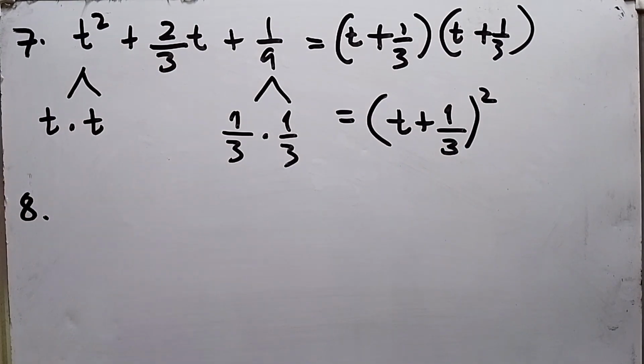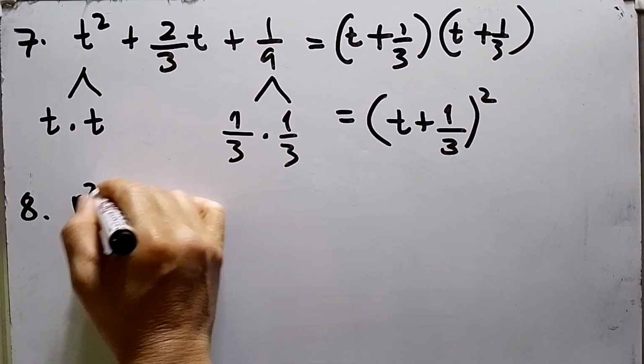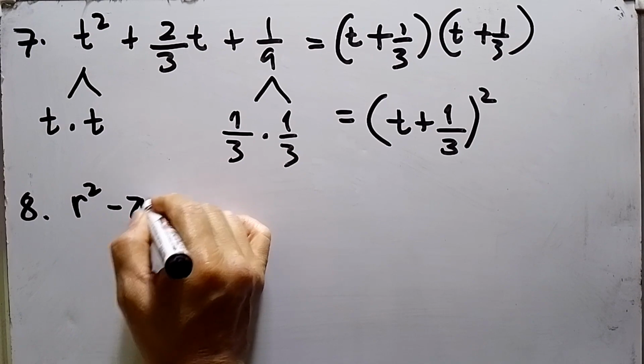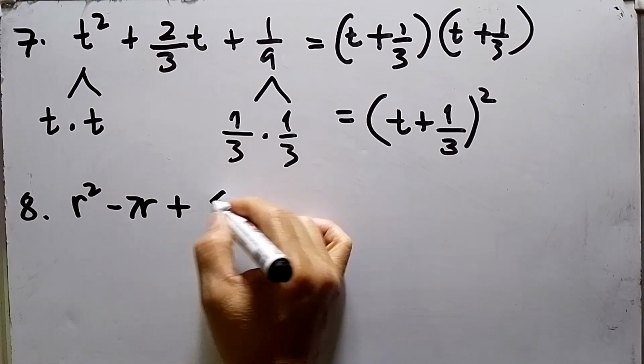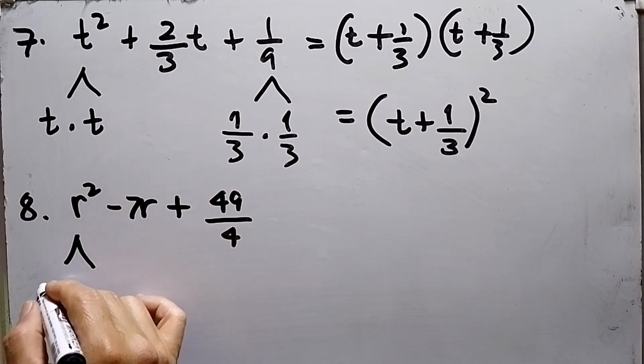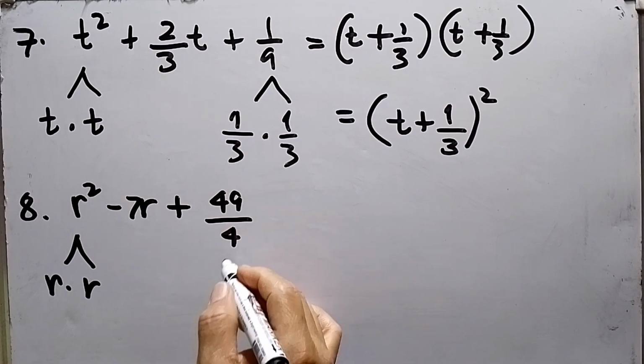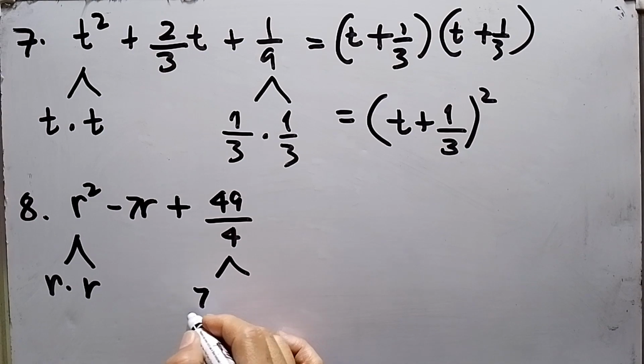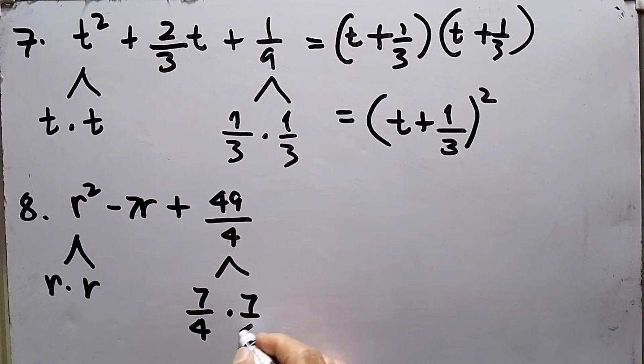Now number 8. r squared minus 7r plus 49 over 4. Factors of r squared is r times r. 49 over 4, this is 7 over 4 times 7 over 4.